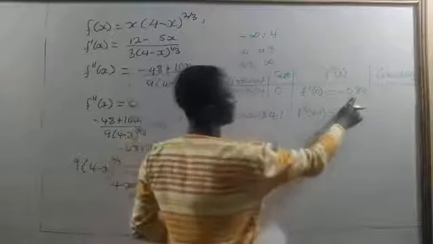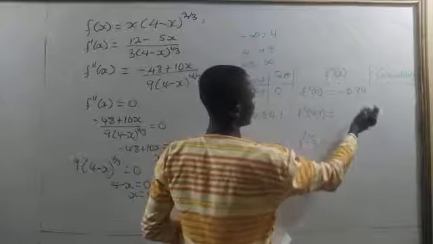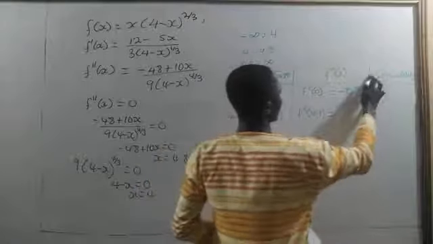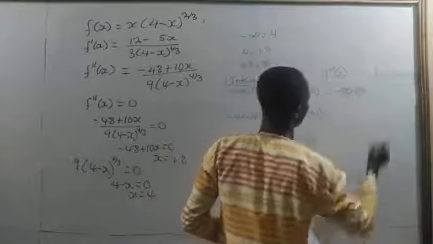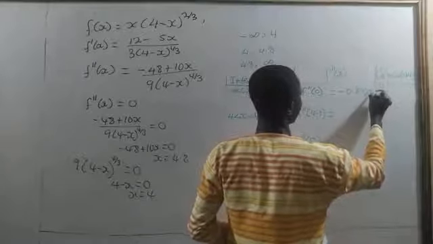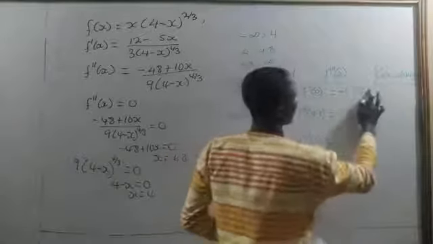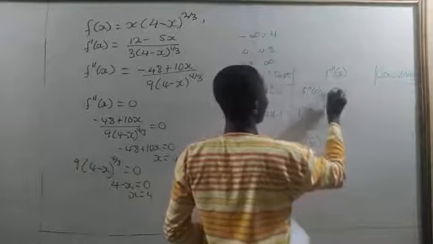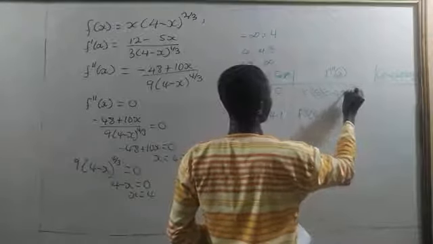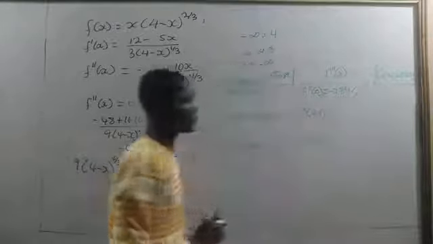So this figure is less than 0. We have minus 0.84, which is less than 0.